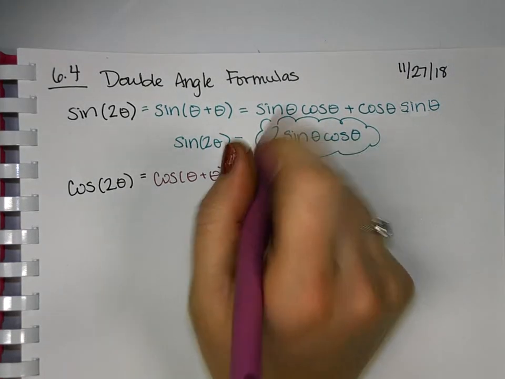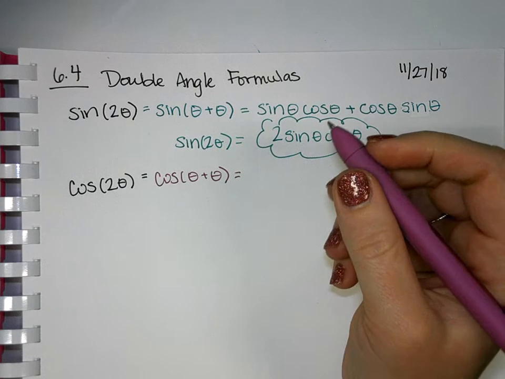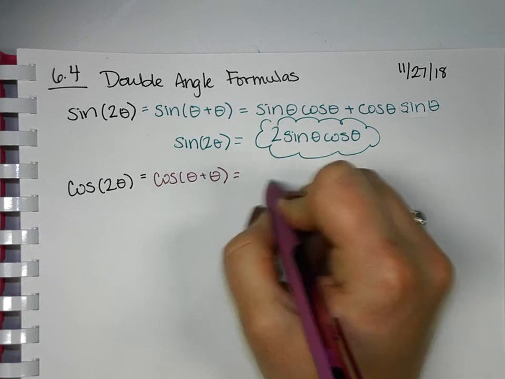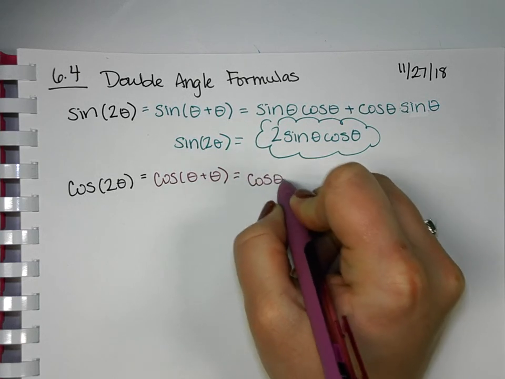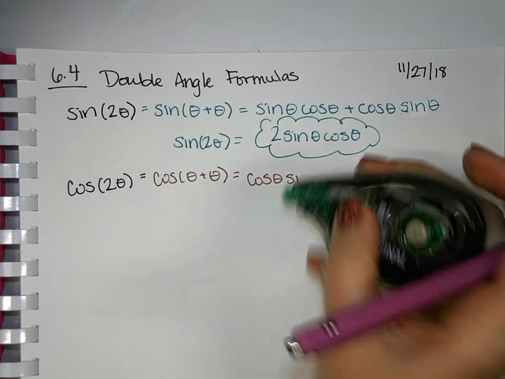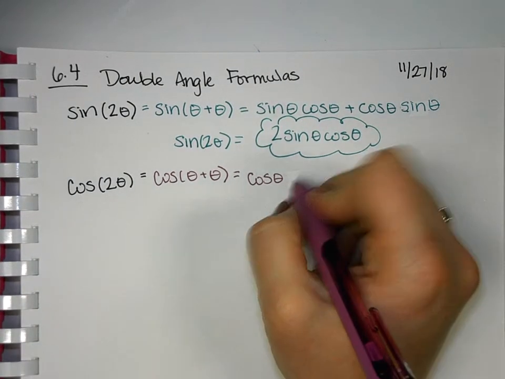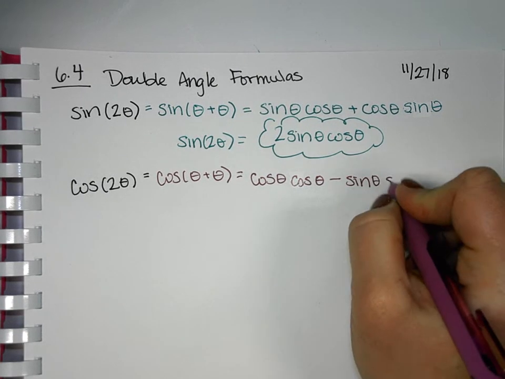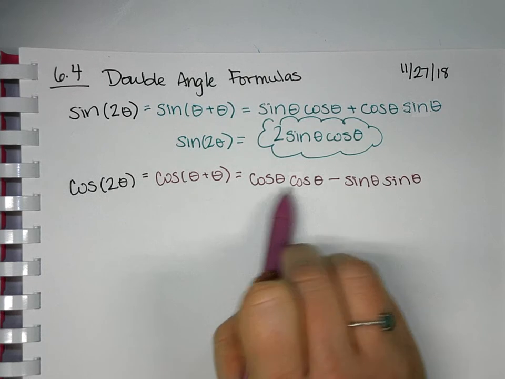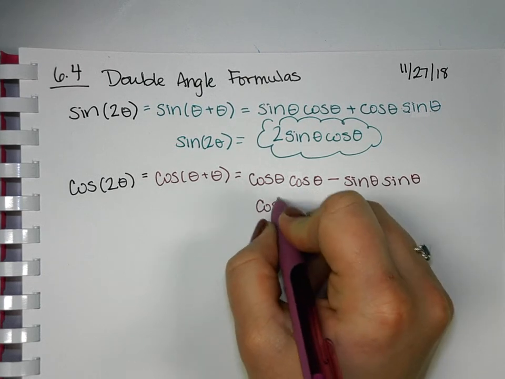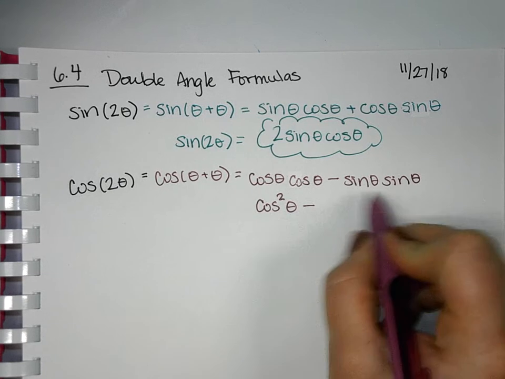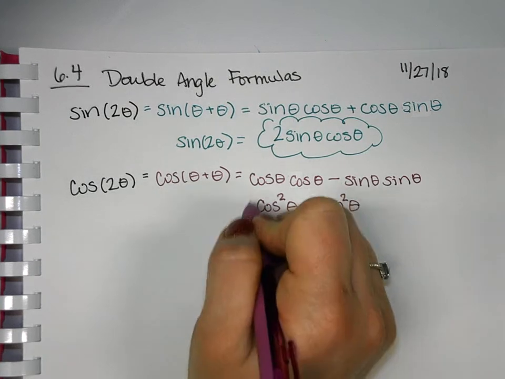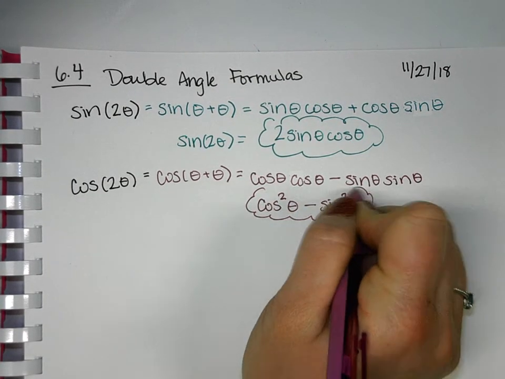Using our formula for addition, this will be cosine theta cosine theta minus sine theta sine theta. Two cosines being multiplied is cosine squared theta minus sine squared theta. This right here is our first form of the cosine double angle.